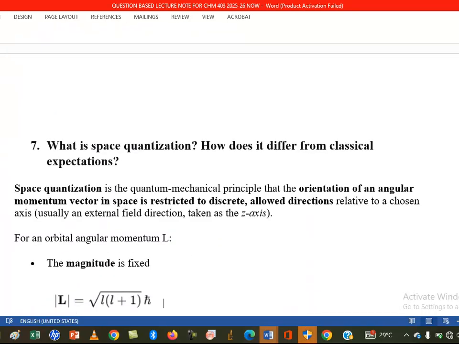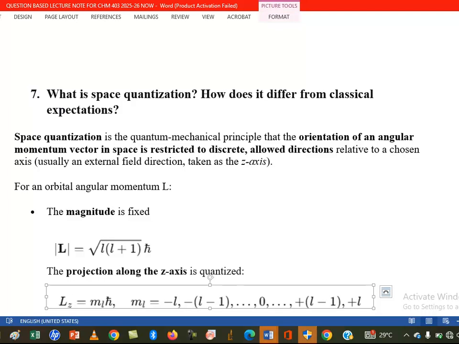What is space quantization? How does it differ from classical expectations? So space quantization is the quantum mechanical principle that the orientation of an angular momentum vector in space is restricted to discrete allowed directions relative to a chosen axis, usually an external field direction taken as the z-axis.